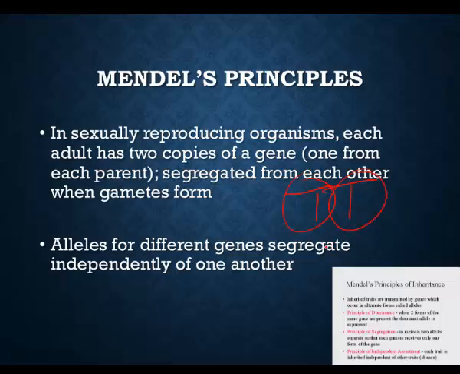They're going to segregate into the sex cells, one sperm, one egg, depending on the plant and how it does it. Well, really, it would be two sperm, but depending on the plant. But alleles for different genes segregate independently of one another, meaning they're going to split. And that makes sense because that's what meiosis does to the genetic information. And that's about it. So hopefully that was helpful and good for anyone who needs a little bit more support.